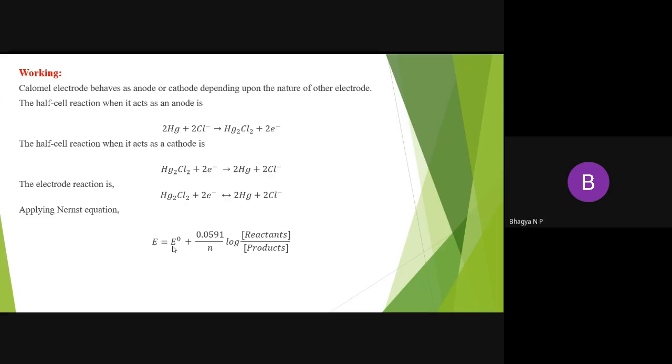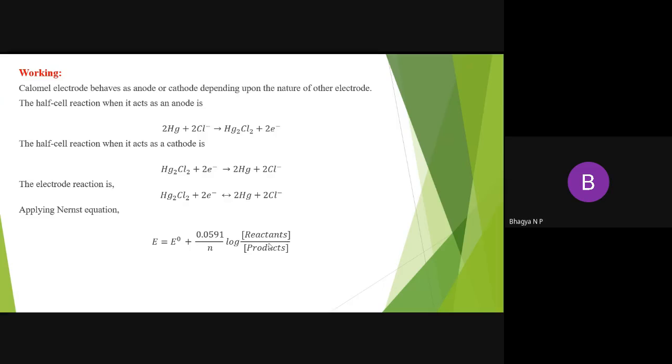Generally, that is represented as E is equal to E naught plus 0.0591 divided by n into log of the ratio of concentration of reactants to the concentration of products.